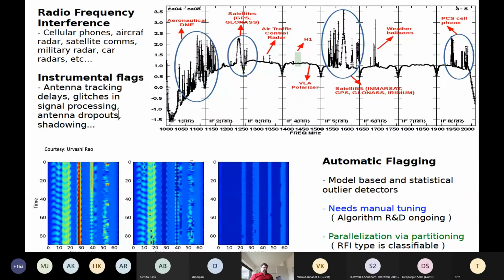Now, when you're doing computing, you have to remember that we observe this visibility as a function of time and as a function of frequency, but we have to make sure that the data we are recording are all good data, quote unquote. What do I mean by good? We have to make sure that they are definitely coming from the sky, from outside the Earth, and not being interfered with by signals produced nearby.